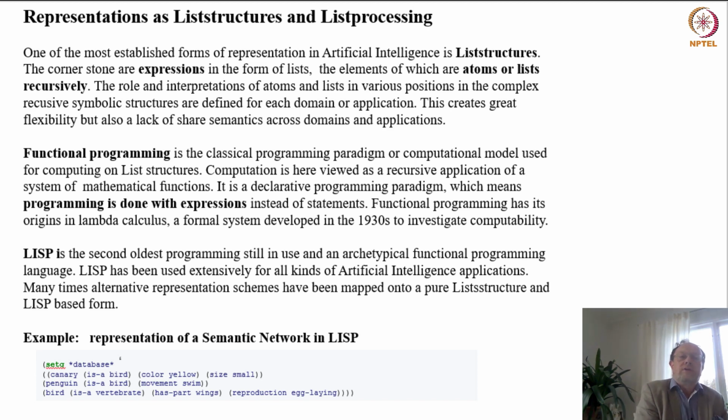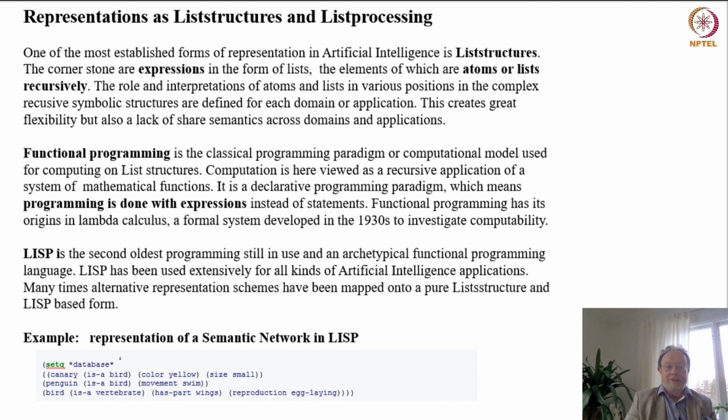So starting with list structures and list processing, which has been for a very long time the most established form of representation in artificial intelligence. The cornerstone here is to look at expressions in the form of lists, where a list can be a number of atoms, but the elements can also be lists, recursively.